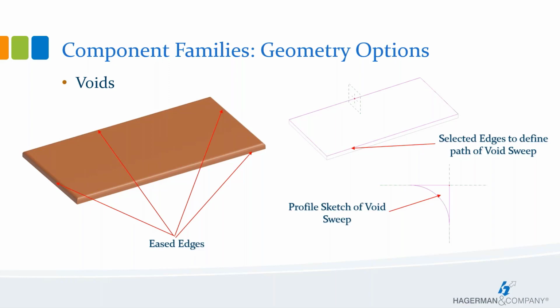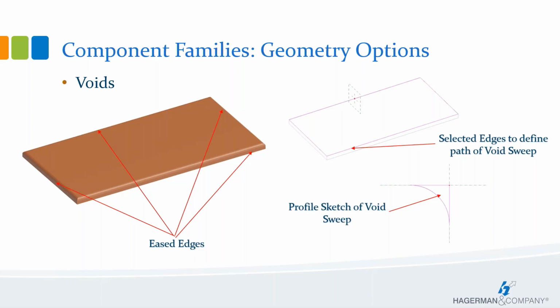On the slide, I have a tabletop with eased edges. In this case, I was able to model the tabletop as a rectangular extrusion. And then I created the eased edge as a void sweep. I took this one step further by using a special feature which allows me to select the edges of the extrusion.